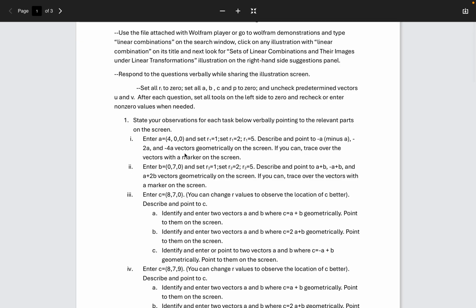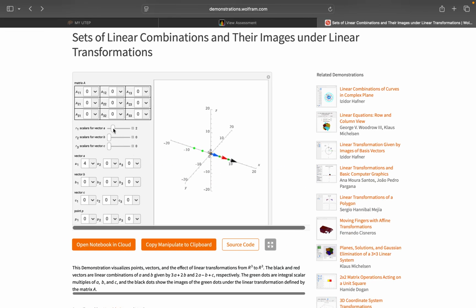Next is the -4a. It would go up to 4, and this means it would be multiplied 4 times in the negative direction, so it would be up to -16. So it would be this point right here.